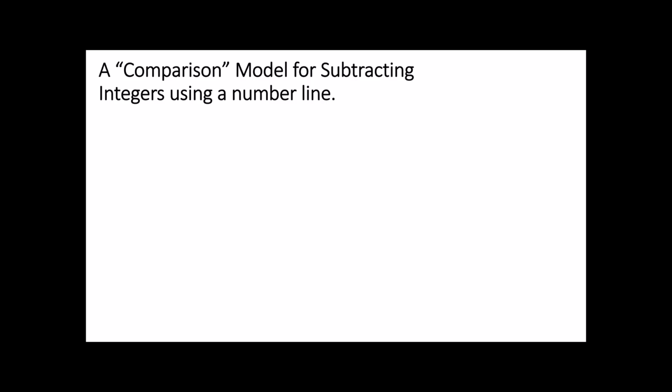So let's do this comparison model for subtraction using a number line. And I'm just going to give you a simple subtraction problem to start with, 8 minus 3. And we'll do more and more challenging problems as we work our way through here. But we'll start with a simple one to illustrate the method.